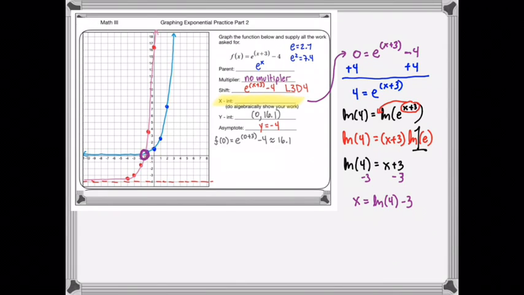Now, if we look at this graph, here is where our x-intercept is, so hopefully we're going to get something between negative 1 and negative 2. Let me punch this in our calculator, and we get that x is approximately negative 1.614.